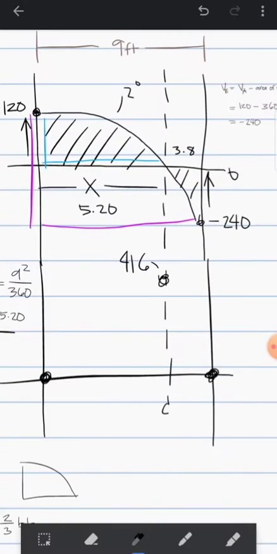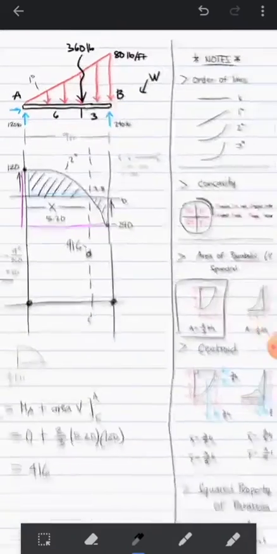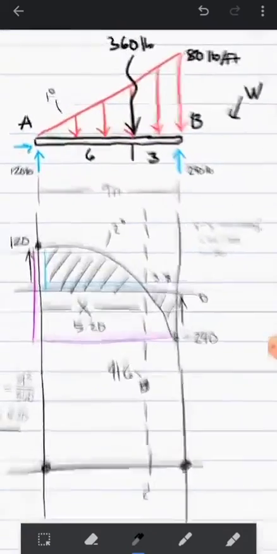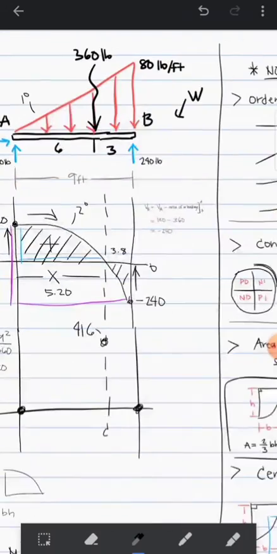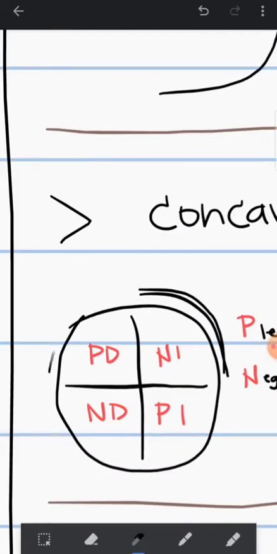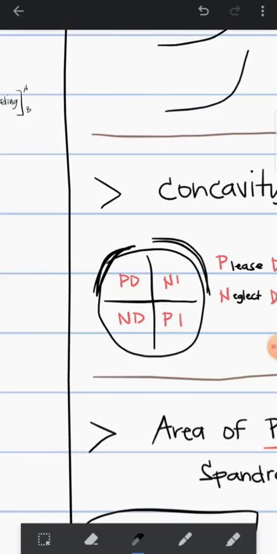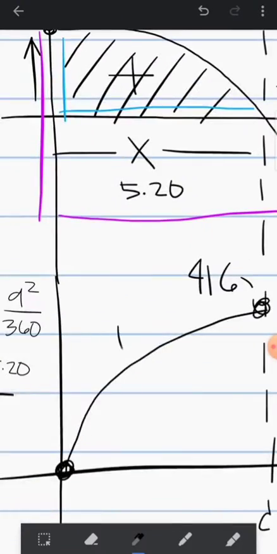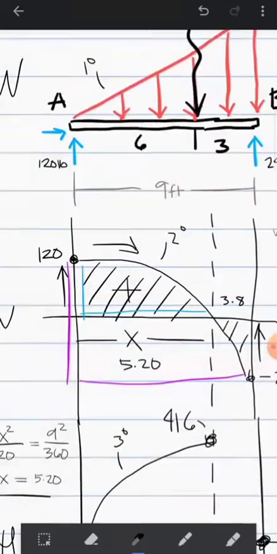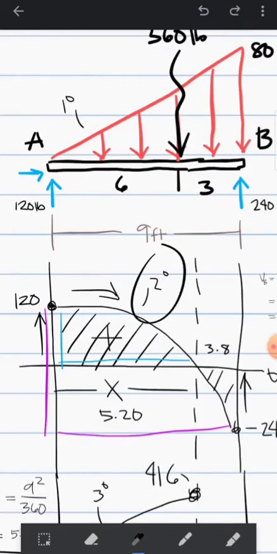Then we use concavity. Since the area is positive and decreasing, PD, the shape is third degree. This is first, second, then third order of lines.